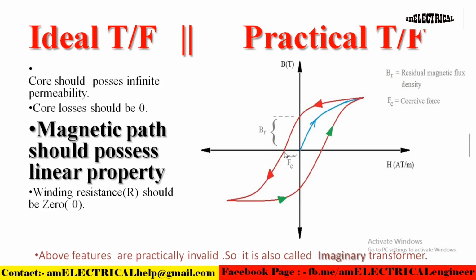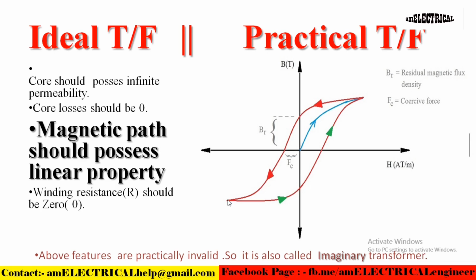Again, if we increase the H value in the negative direction, then B will also decrease up to a certain value. After this point, if we try to decrease the H value, again the B will be saturated. So B will not decrease further. It will bend like this.